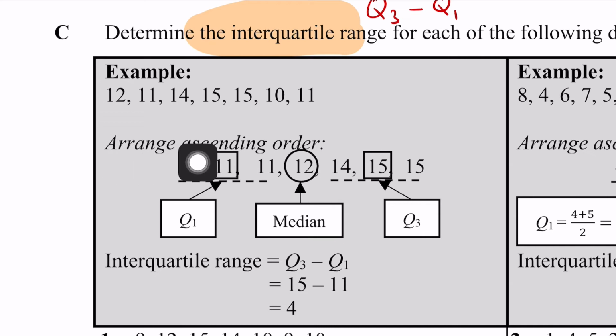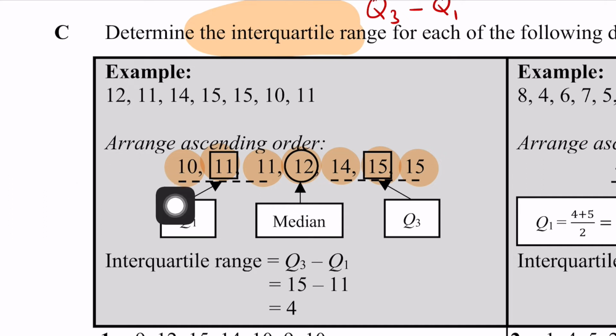You need to arrange in ascending or descending order. So contoh for this question, kita buat ascending order. So susun menaik 10, 11, 11, 12, 14, 15, 15. Okay, so kita kira. So this data set, we have 1, 2, 3, 4, 5, 6, 7. So 7 data. So odd number.